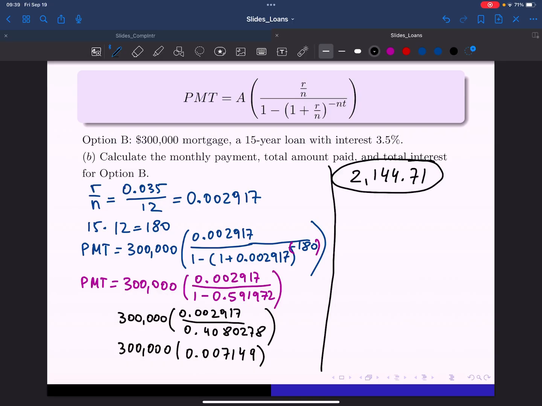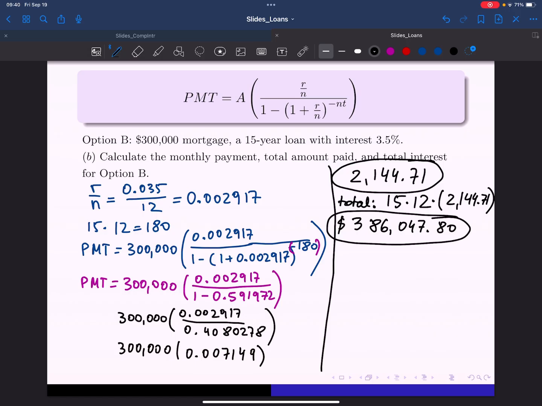Now, what is the total amount paid for this option B? It would be 15 years, how many times per year, times 12, times the monthly payment, 2,144 and 71 cents. So that gives us 386,047 and 80 cents.